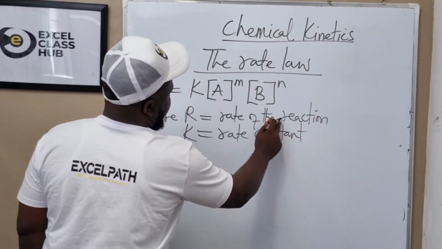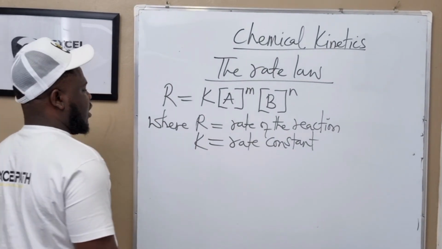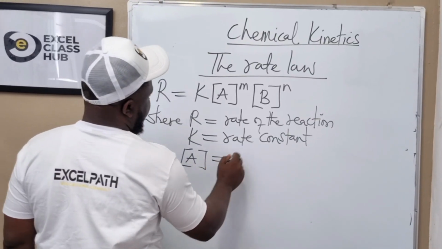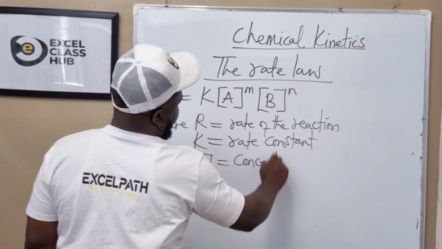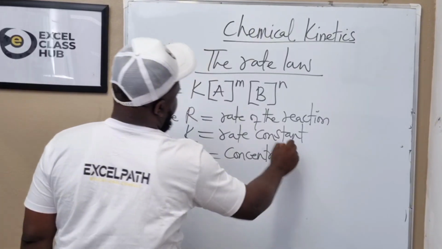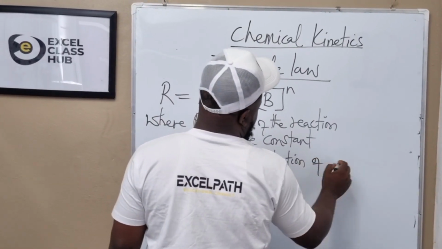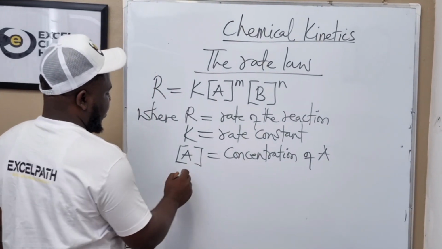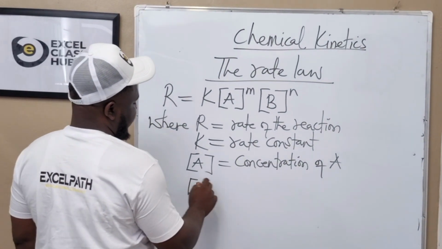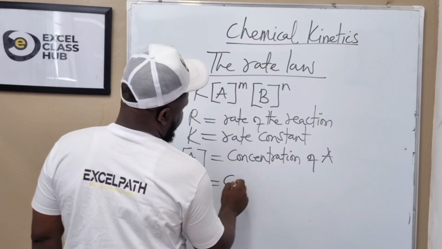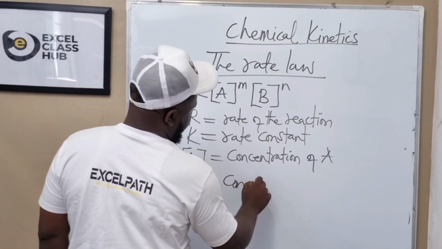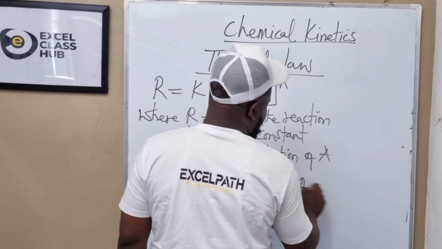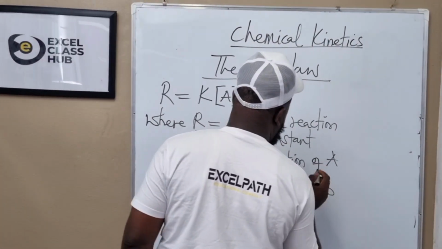Then our A in brackets represents concentration of A. Like I mentioned the other time, this symbol in chemistry represents concentration. Then our B in brackets represents concentration of B.